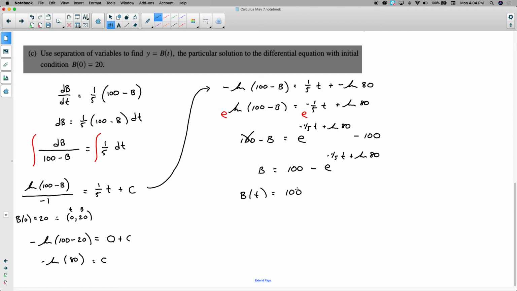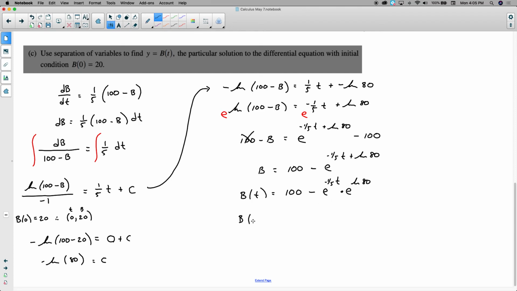This, by the rules of exponents, is e to the negative 1/5 t times e to the natural log of 80. Certainly you're more used to the rule where you are multiplying common bases, so you add the powers, but the powers were already added, so now I'm breaking it apart because this one's nice.